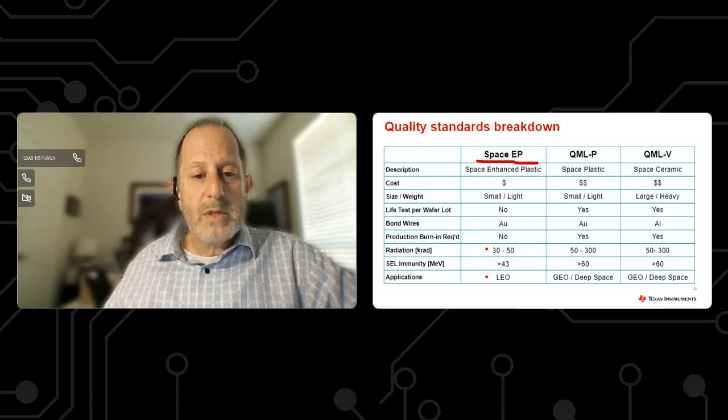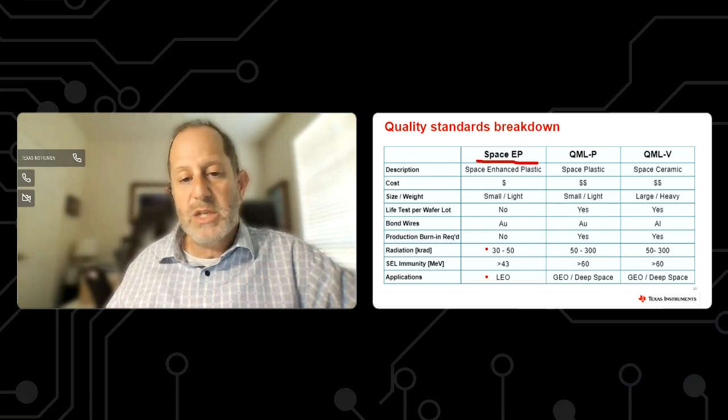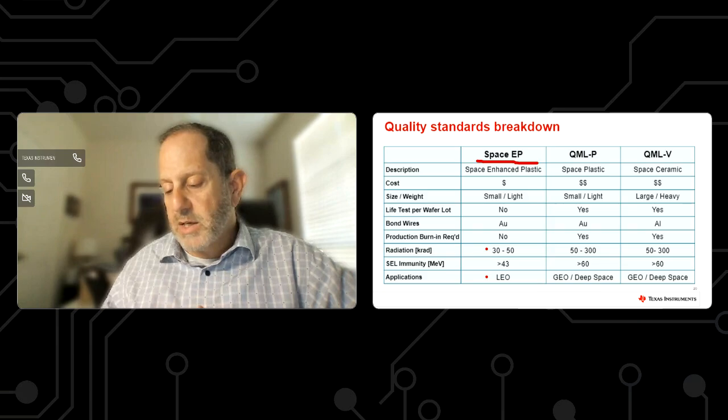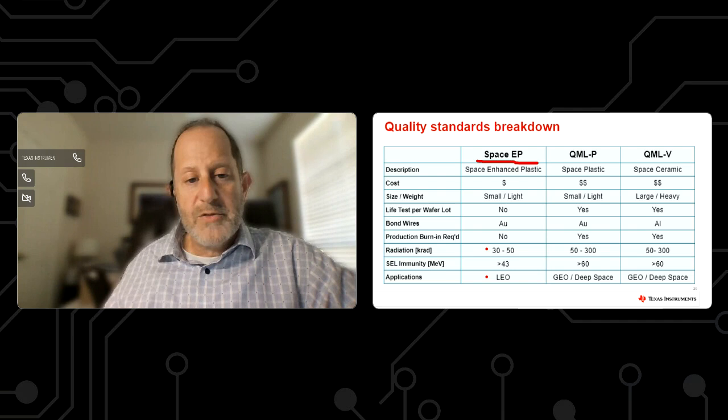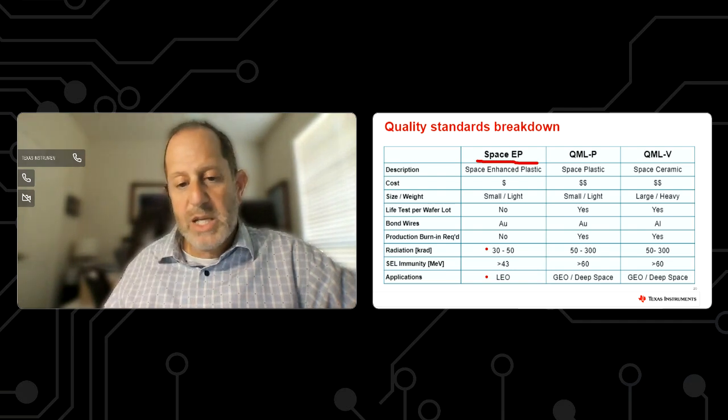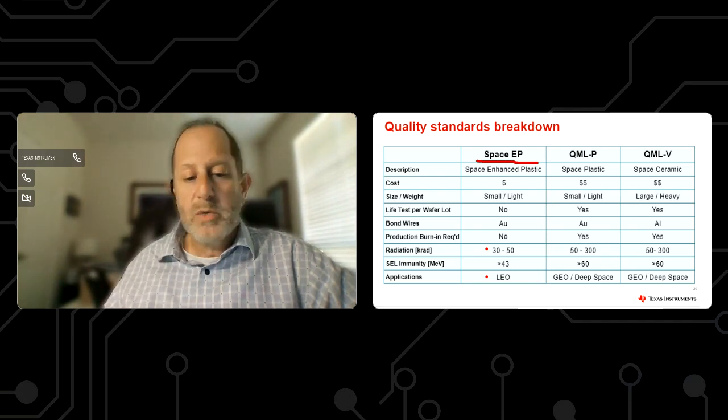Again, they're small, they're light, they're in the plastic packaging. We can keep the designs very small and concise. We can reuse some of the PCB design resources that we've used for industrial purposes with these types of devices. And from a cost perspective, if you don't need the high radiation standards and you're only doing a LEO type project, we can save you some money, relatively speaking, compared to these flavors, so we can get a lower cost solution.